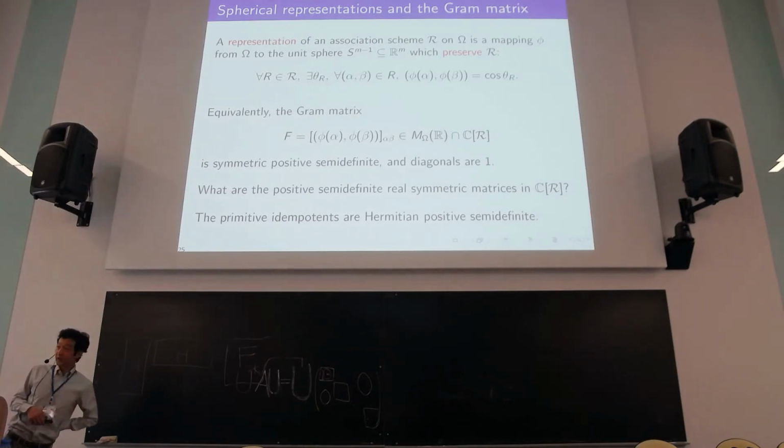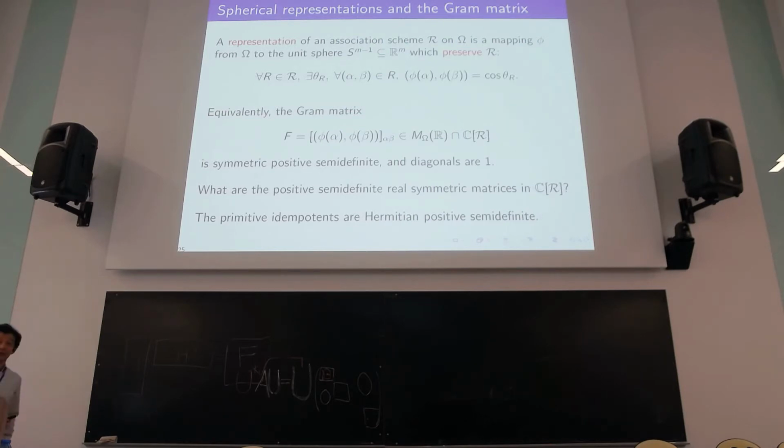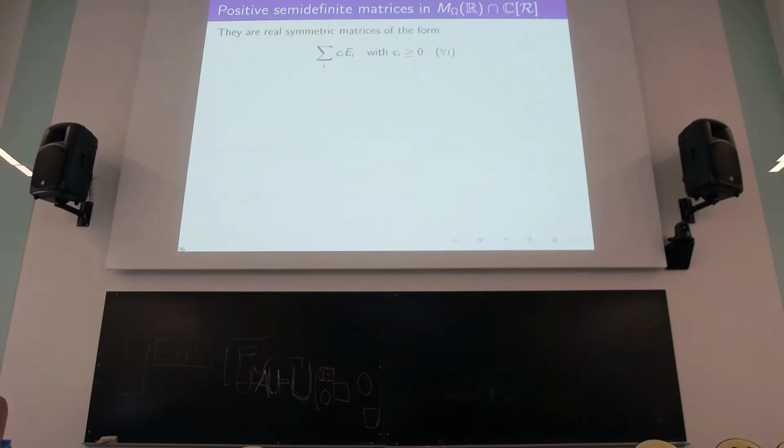Of course, the non-negative linear combinations of primitive idempotents, but there is a slight difference that you have to keep in mind: we are concerned with real matrices, while the adjacency algebra is over the complex numbers. The primitive idempotents are Hermitian, but they may contain imaginary entries, so the primitive idempotents are not suitable for spherical representation in real Euclidean space.